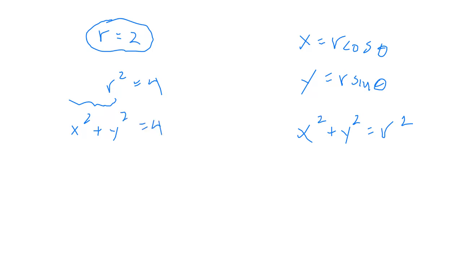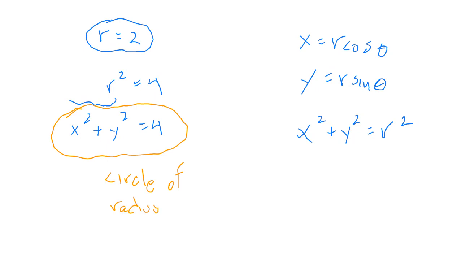So here would be your equation in Cartesian coordinates. A circle of, what's the radius of the circle? That's right, Renaud, a circle of radius 2 centered at the origin.